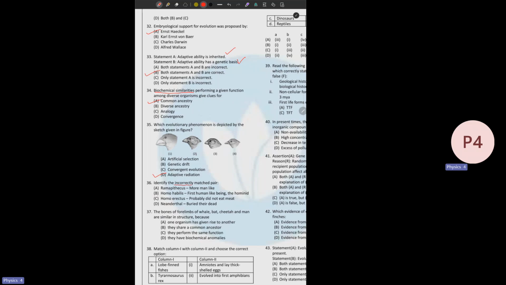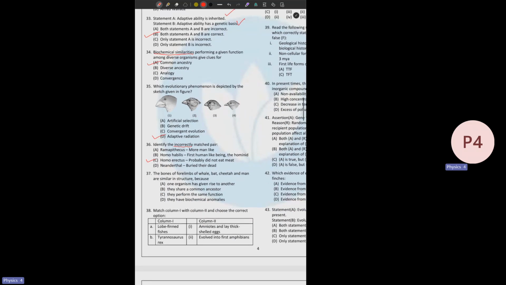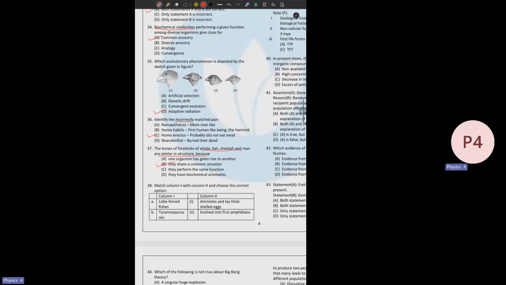We have to find the incorrectly matched pair. And here straight away the answer is Homo erectus probably did not eat meat. In fact, they ate meat. The bones of the forelimbs of whale, bat, cheetah, and man are similar in structure because they share a common ancestor. So they went through divergent evolution, homologous organs, right?